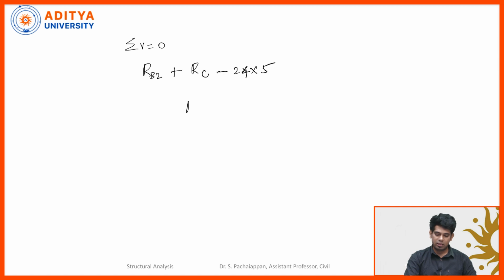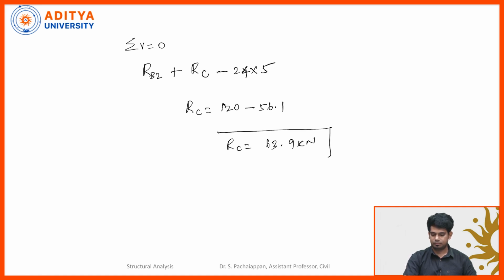So this will give me RC is equal to 120 minus 56.1. So RC is equal to 63.9 kilonewton.